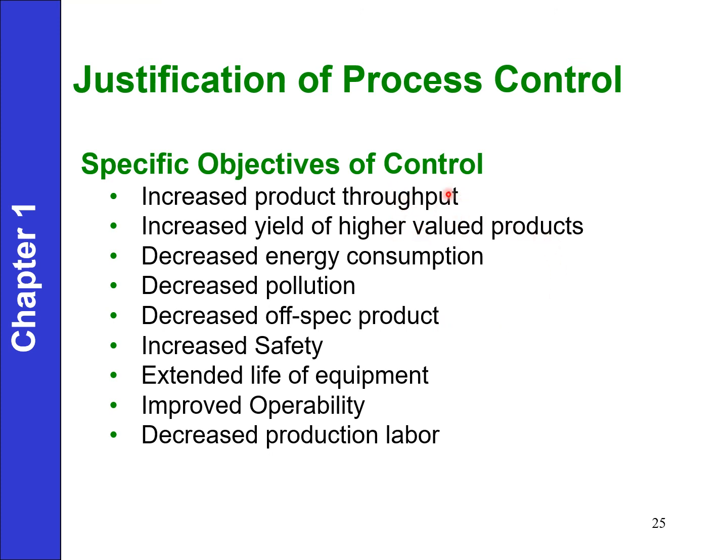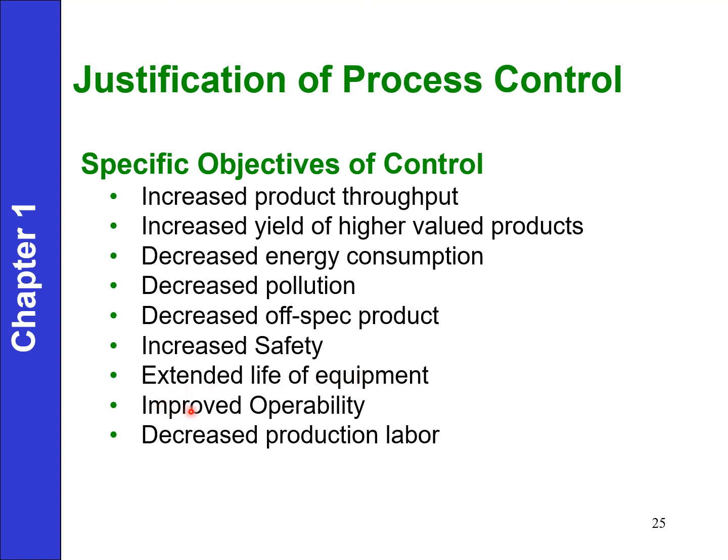It's all about the product, and we can say it: decrease off-spec products, increase product throughput, and increase yield of higher value product, so we can combine these for the products. Okay, and then we want to extend the life of equipment, because our unit operation is not cheap, so we must do very good maintenance for the unit operation.